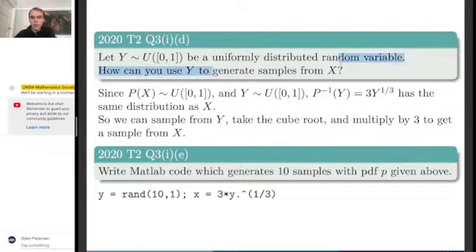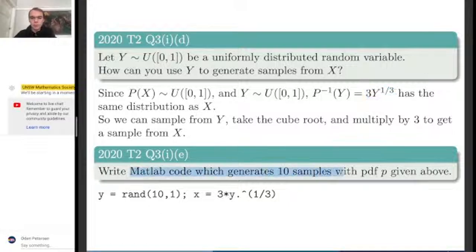So if we want to generate samples from this arbitrary distribution x, we can generate these uniform random samples, which we've seen how to do. And then we can apply this inverse cumulative distribution function to get samples from this original distribution that we wanted.